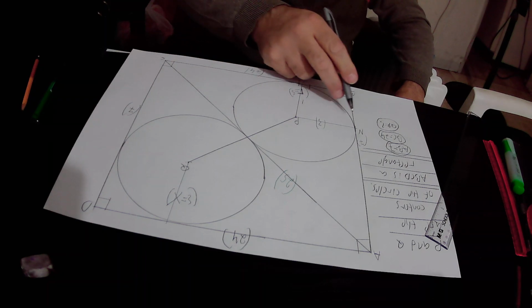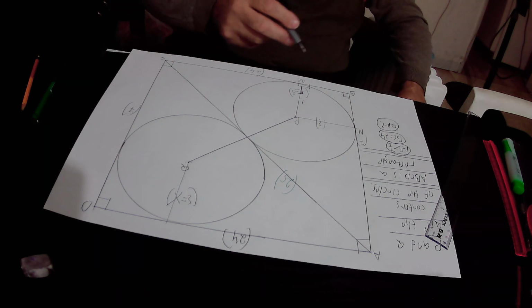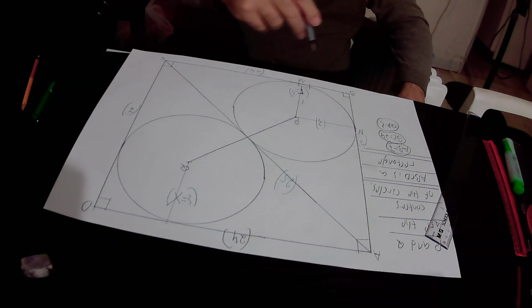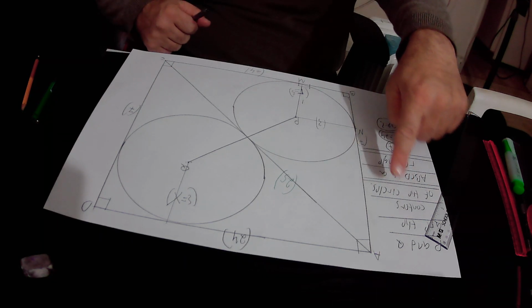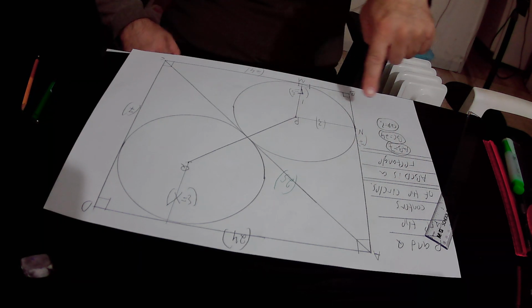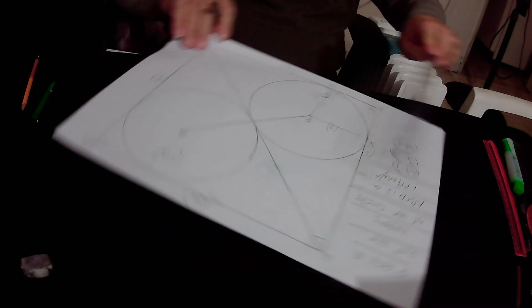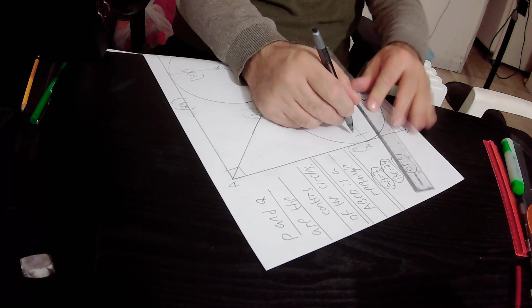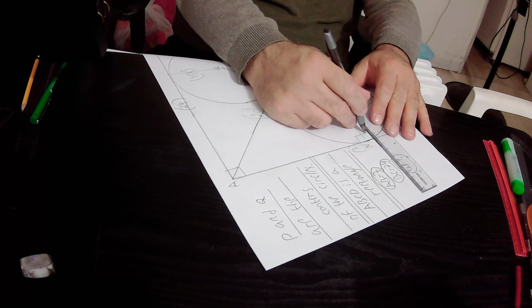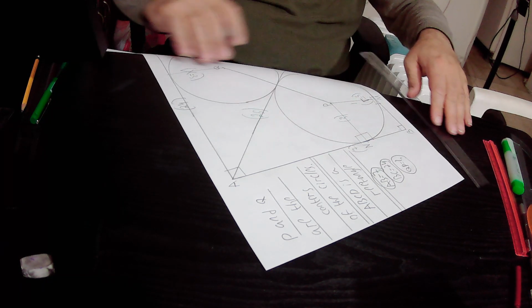The radius PN is drawn to point N, the point of tangency of tangent AB with this circle. Whenever a radius is drawn to the point of tangency, the tangent AB will be perpendicular to the radius NP. That is to say, this angle equals 90 degrees, and this angle also equals 90 degrees according to rule number 1.